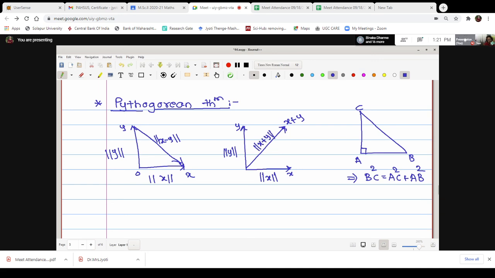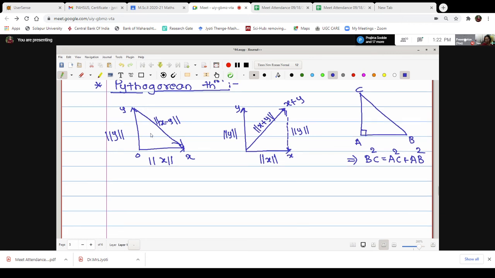What about this length? These two are same, therefore here also we will have length norm of y. Therefore the Pythagorean theorem in Hilbert spaces, we can write in two ways: once considering the length of hypotenuse as norm x plus y, once considering it as norm x minus y. I hope you have understood.